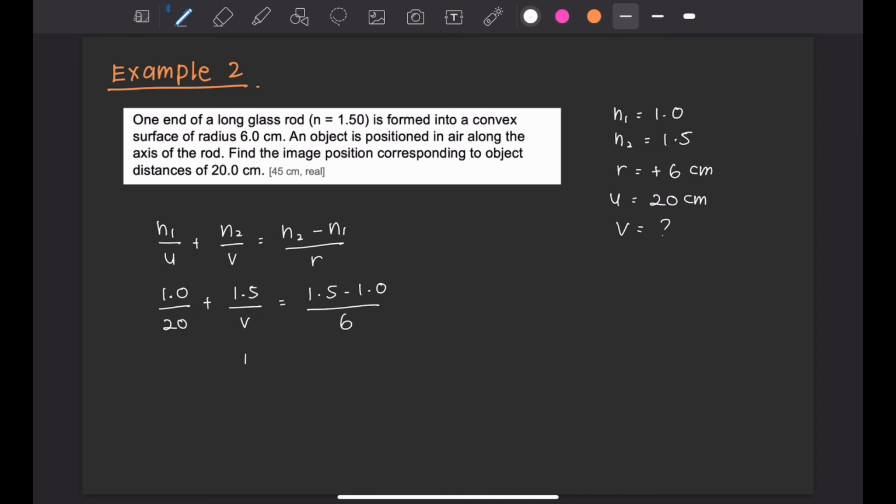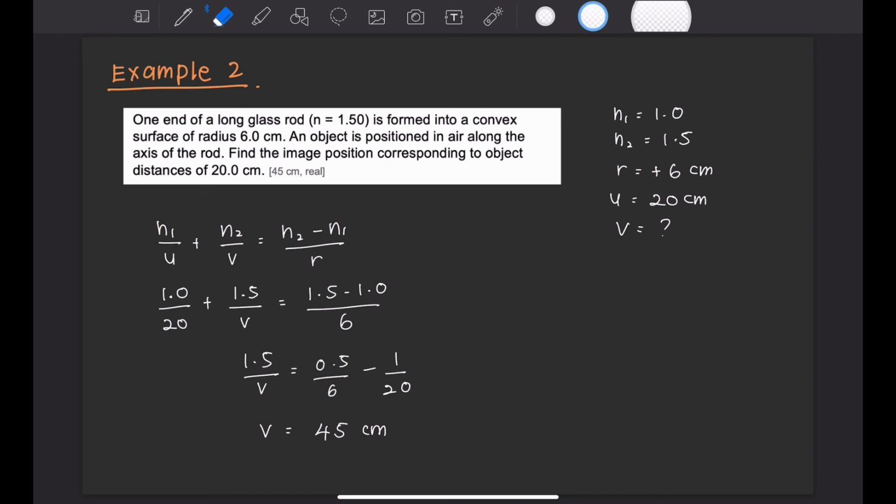And then we do our maths, and you will get v equal to 45 centimeters. And the value we got is positive 45. So that tells us that the image formed is a real image.